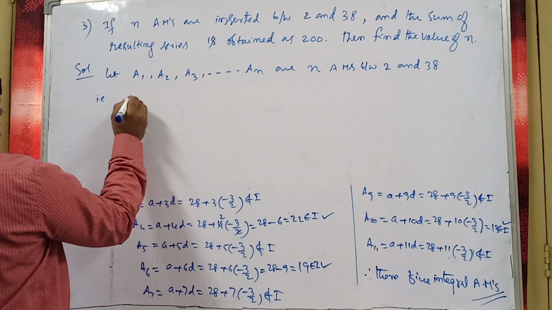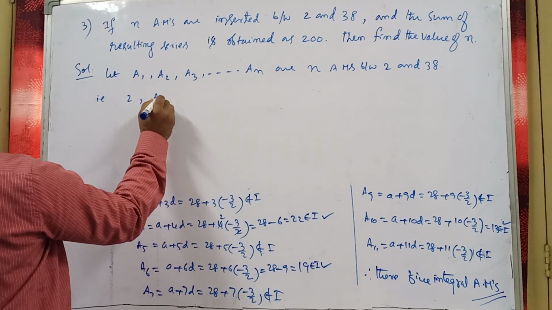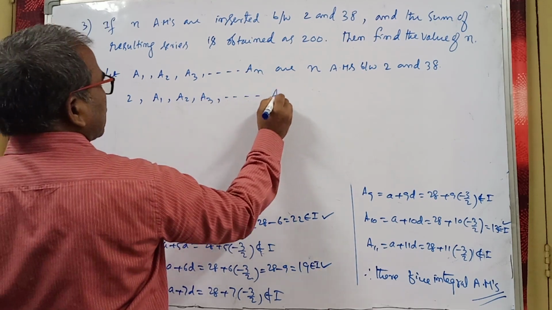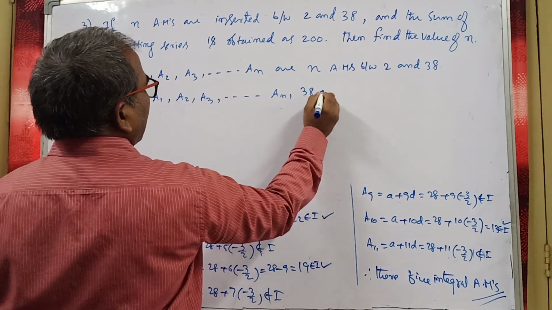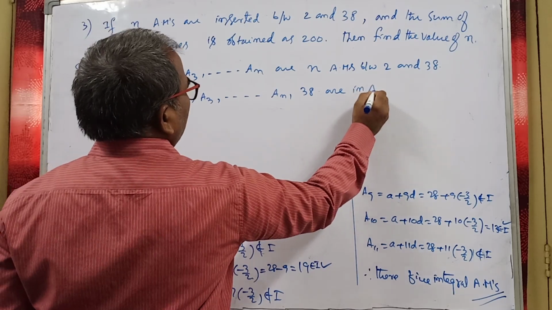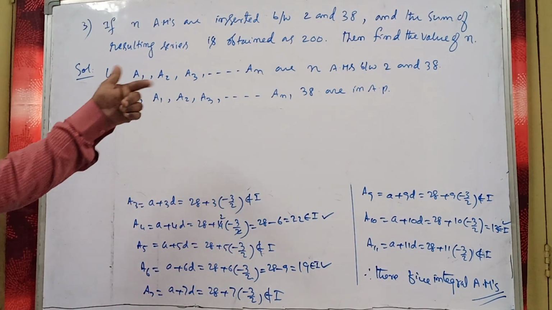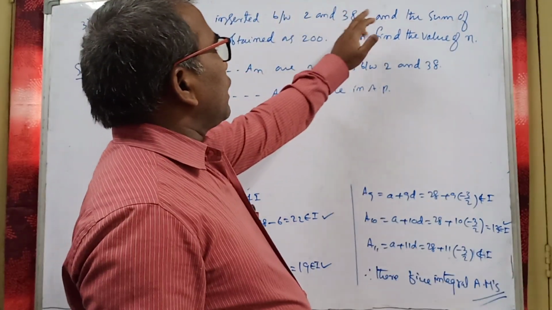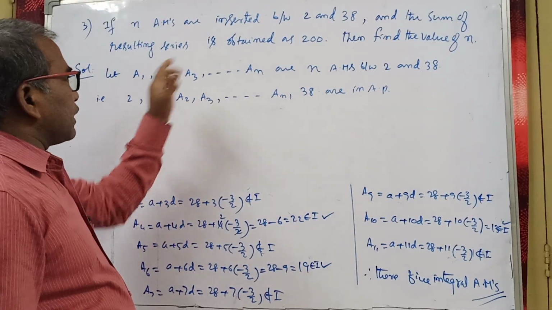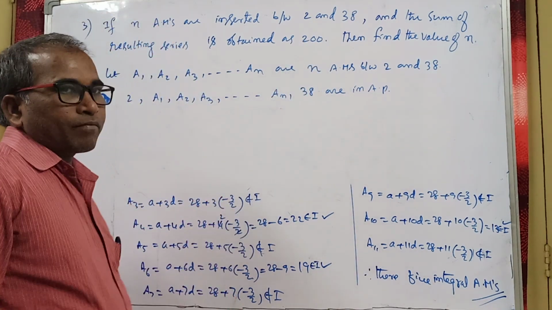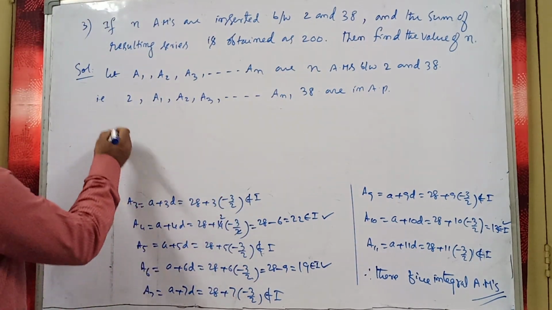What does it mean? That is 2, A1, A2, A3, ..., An, 38 are in AP. When you insert n AMs between these, the sum of the resulting series is given as 200.